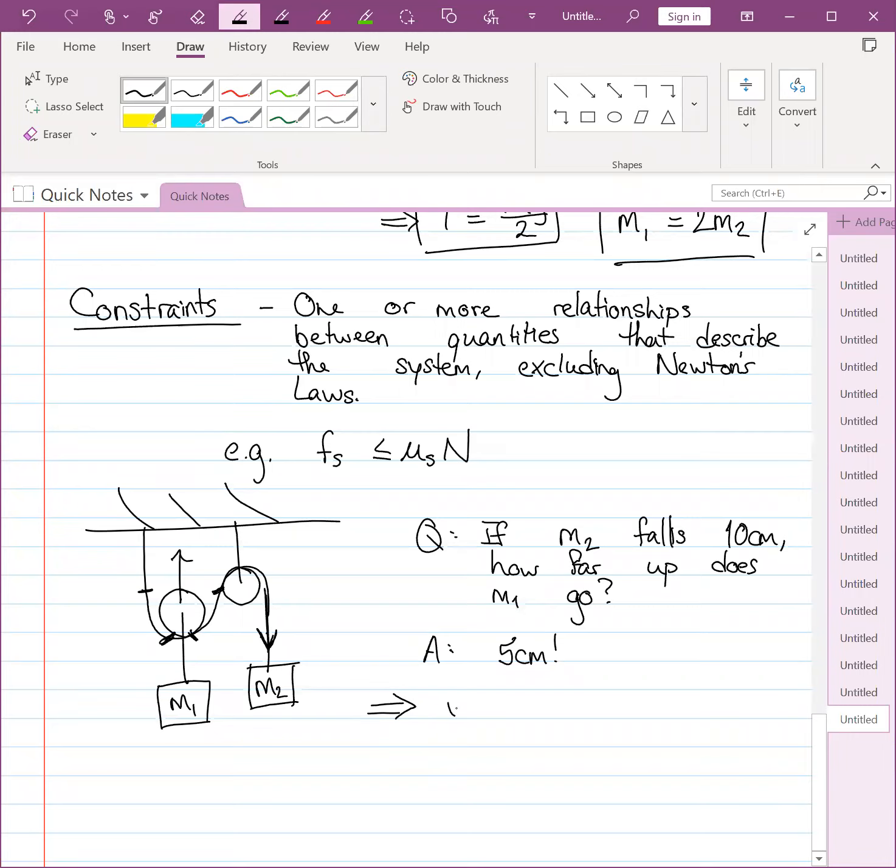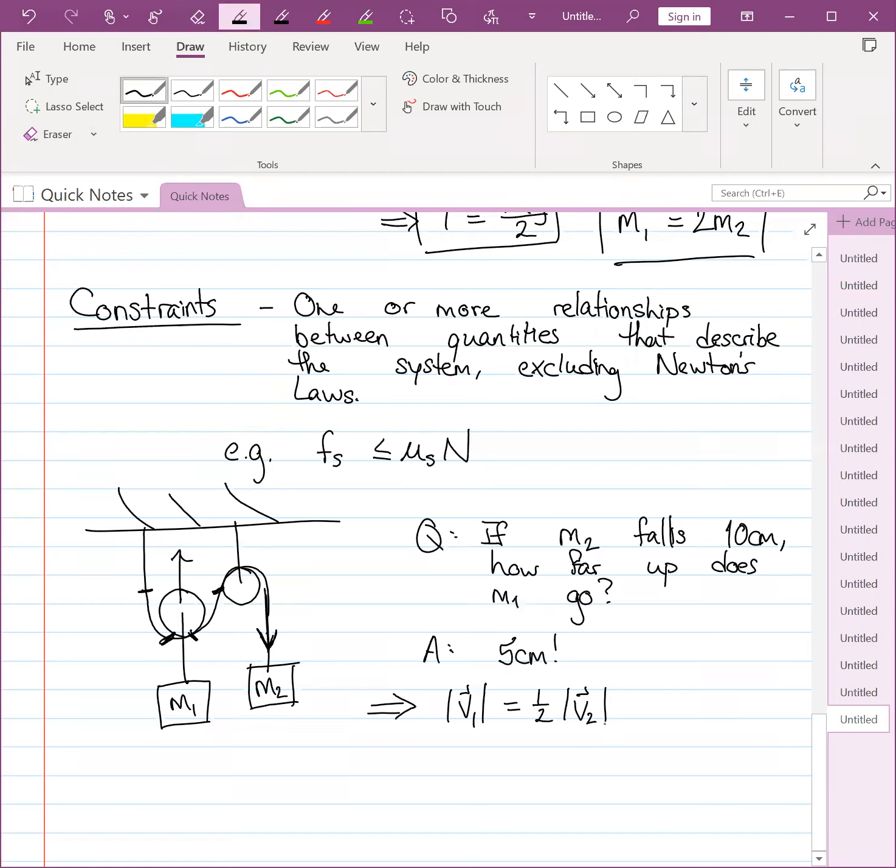That is, it tells us that the absolute value of v1, I'll just write the vector, v1 is 1/2 v2. So if the second block is falling at 10 centimeters per second, that means in 1 second it will fall 10 centimeters.